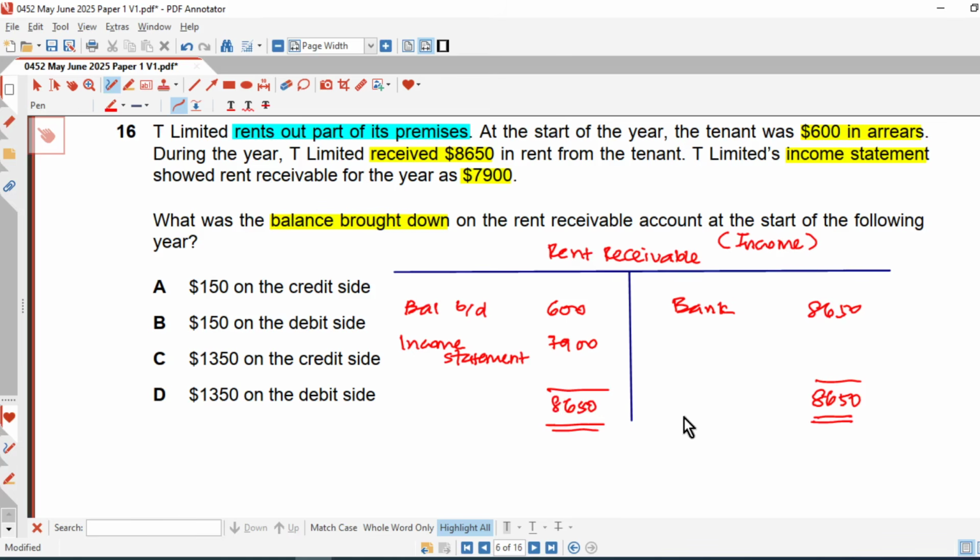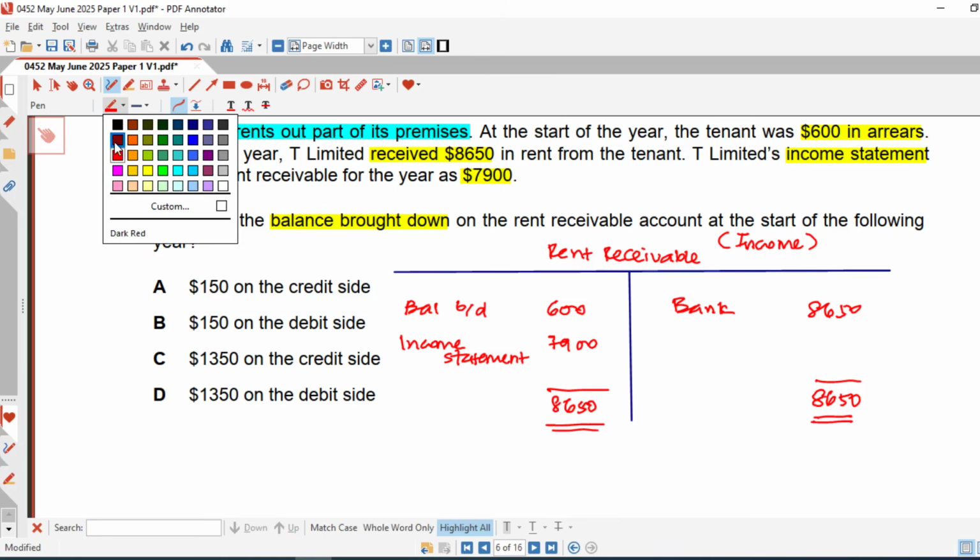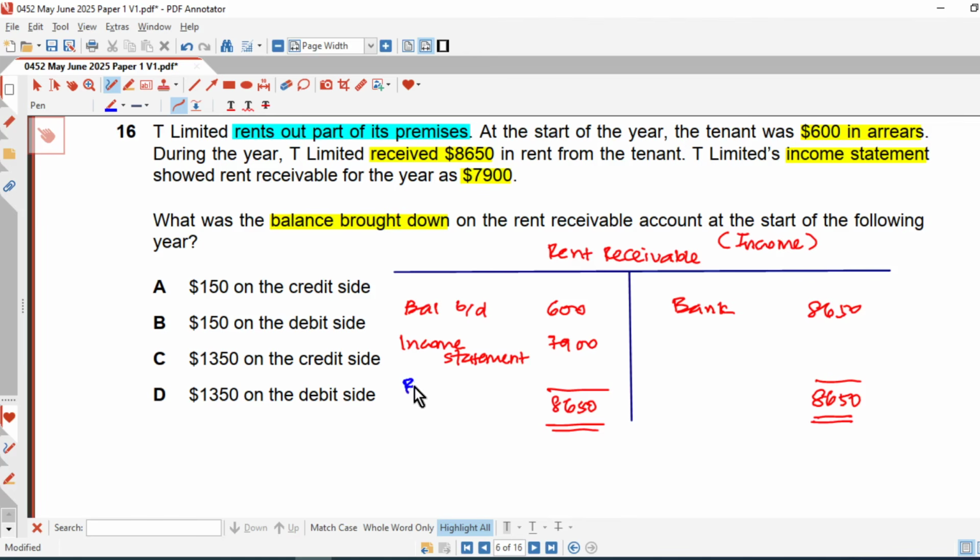You only have 8,005 on your debit side. So there will be a balance carried down of 150, which you're gonna bring down to the next month on the credit side. So the balance brought down is 150 on the credit side.